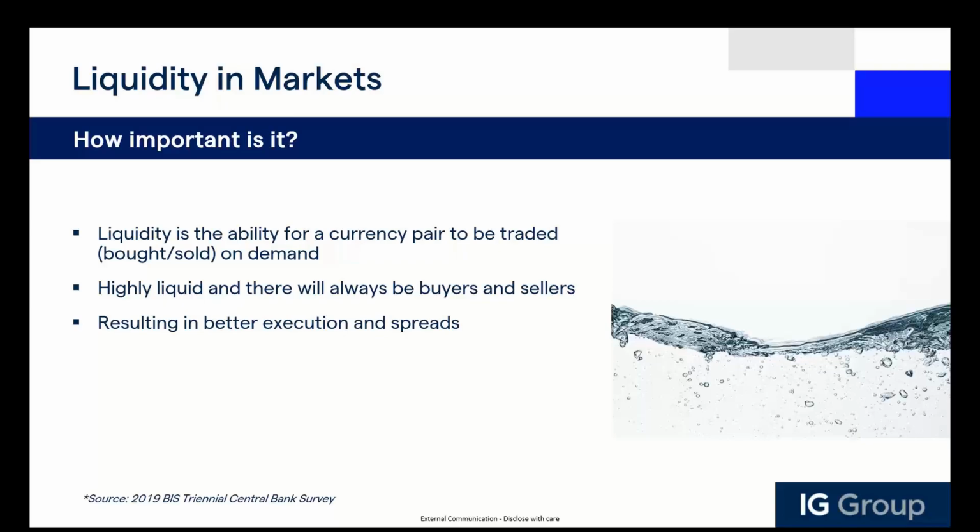All this liquidity impacts how quickly you can open your positions and exit your positions. Other than the execution speed alone, we also look at the large number of orders, the number of buyers queuing for a certain price and the number of sellers queuing for a certain price, increasing the probability of a higher price that a buyer is willing to pay and a lower price that a seller is willing to sell at.